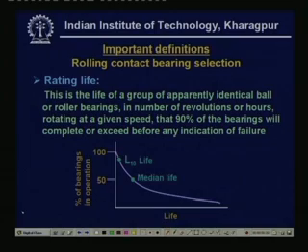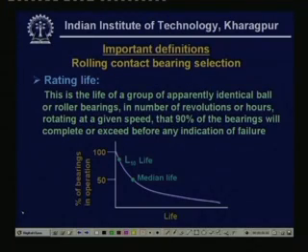Now, let us look into the idea. What is that? Suppose we consider 100 bearings, okay, all 100 bearings are put onto a shaft and it is rotating at a given speed, all right, and it is acted upon by some load also.